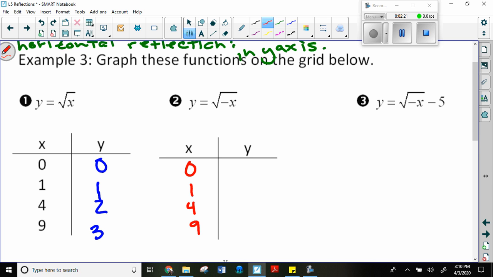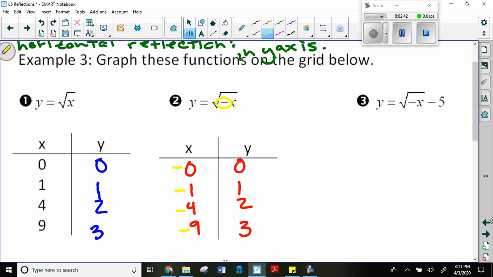Now, some of you are going to say, well, miss, you can't take the square root of a negative number, and you're absolutely correct. So our base graph, which would be 0, 1, 2, 3, ends up having this negative applied to all the x values. These are what flip over.